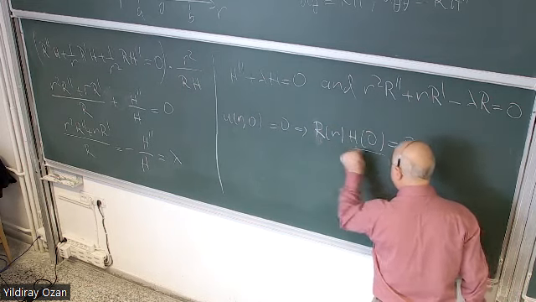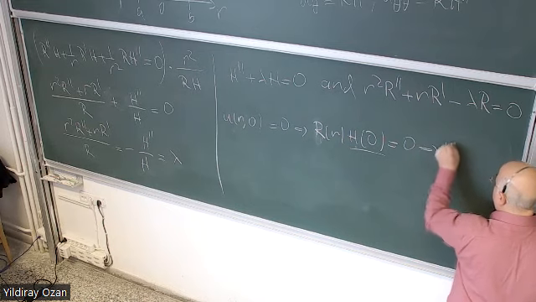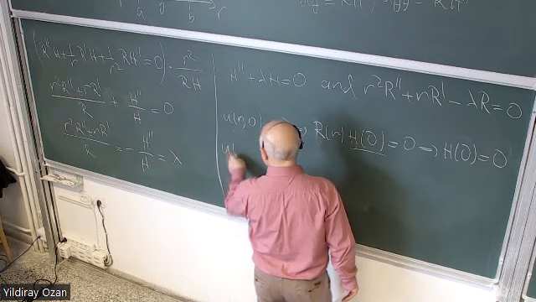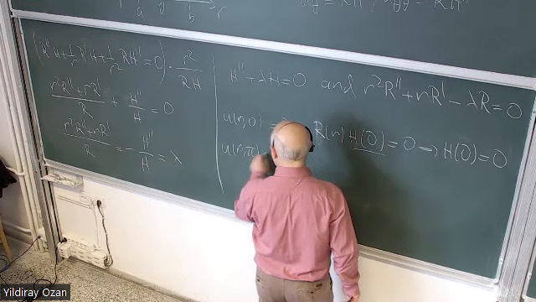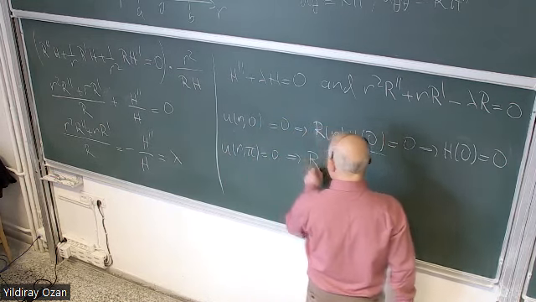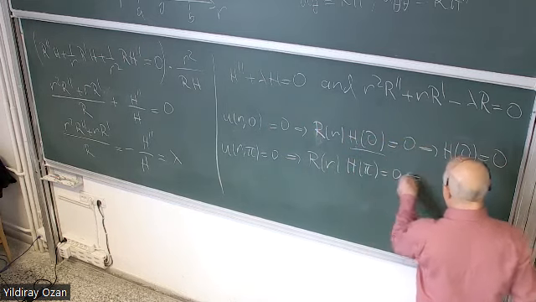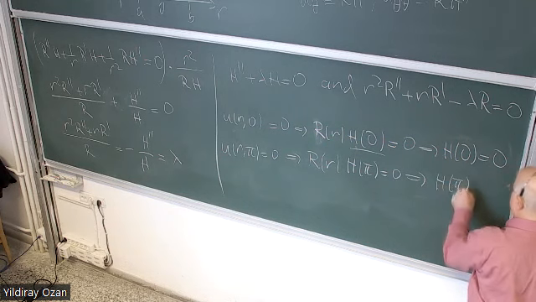Therefore, H of 0 should be 0. And similarly, u at theta pi is 0 implies R of r times H of pi is 0. And that gives us H of pi is equal to 0.